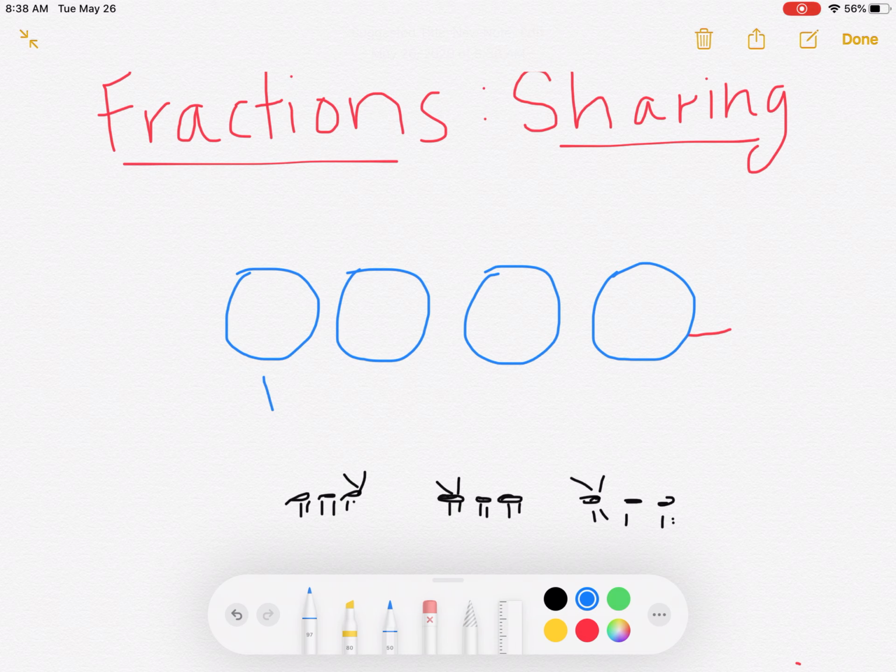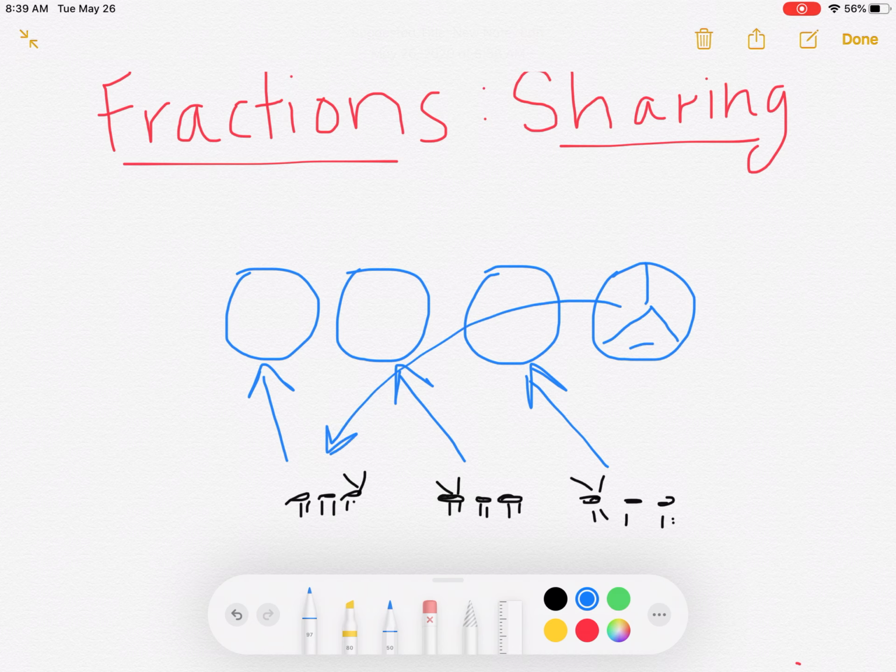Okay, well this ant gets 1, this ant gets 1, this ant gets 1. But there's another cookie left. And they think to themselves, well, we can split the cookie. If we split that cookie exactly in thirds, I'll do my best here, then one of those thirds can come here, one of those thirds comes here, and one of those thirds goes to this little guy.